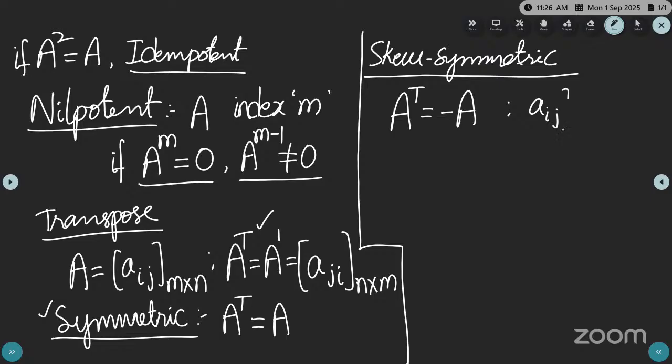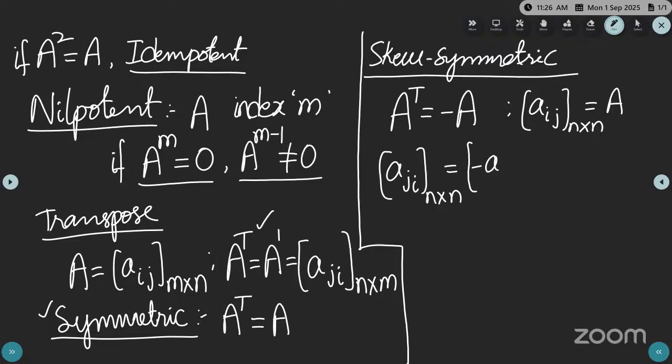Now just observe this. If Aij is of order n by n for the given matrix A, what is A transpose, amma? Aji of order n by n equals minus Aij of order n by n.